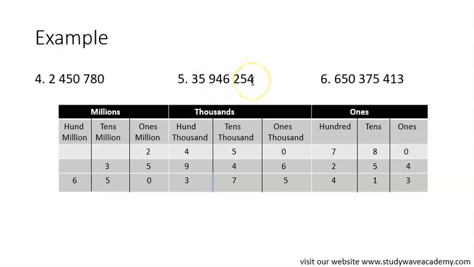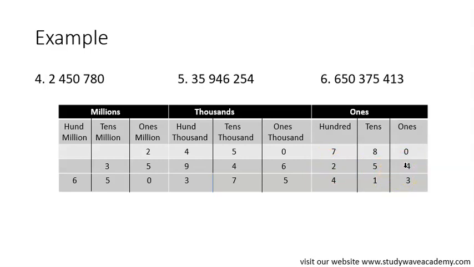We start with 4. 4 in the ones column in ones, 5 in the ones column in tens, 2 in the ones column in 100, 6 in the ones column in 1000, 4 in the 10,000 column in 1000, 9 in the 100 column in 1000, 5 in the ones million column in millions, and 3 in the tens million column in millions. So we have 35,946,254.